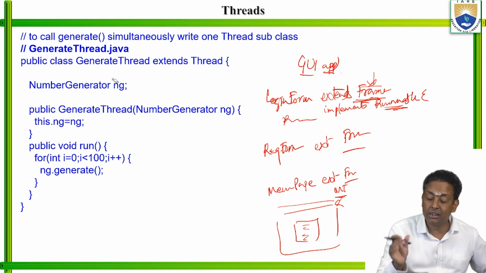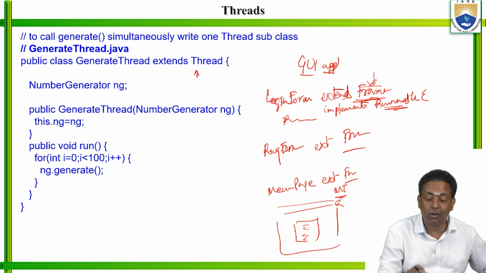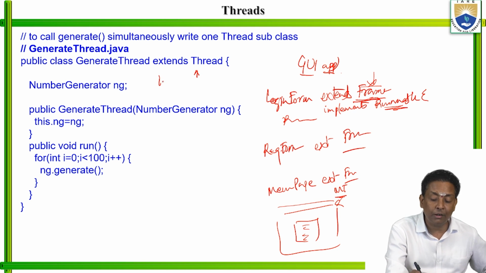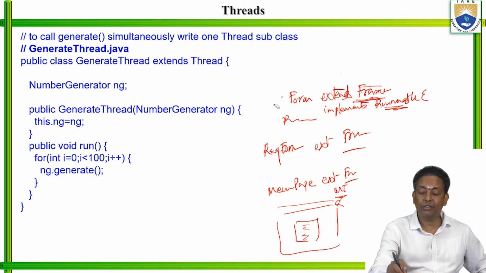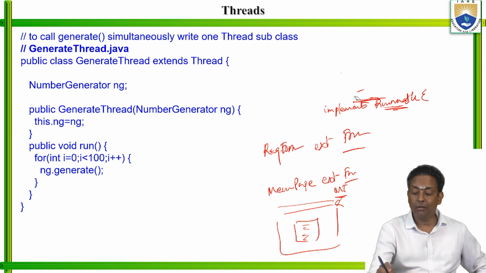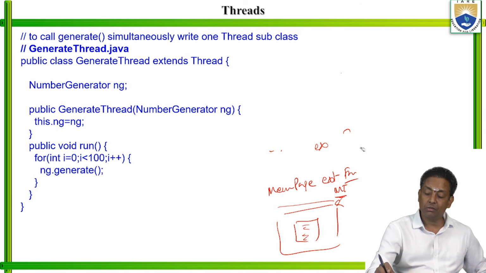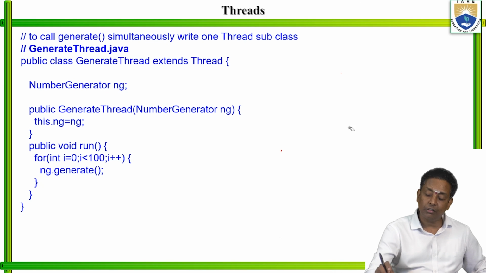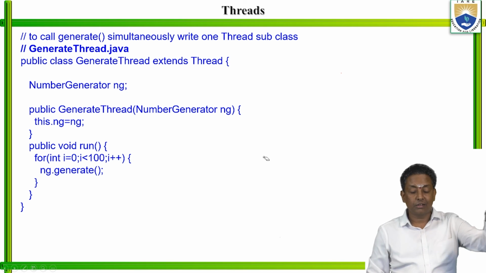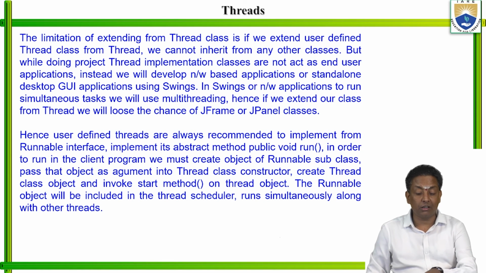Implement the Runnable interface, extend from the class which is your primary requirement, primary logic, and implement the thread, which is your secondary requirement. That is how you decide whether to extend from the Thread class, implement the Runnable interface, or implement Runnable as an anonymous class object. But in all the threads, remember, we must override the run method. From there, we need to call simultaneous methods.